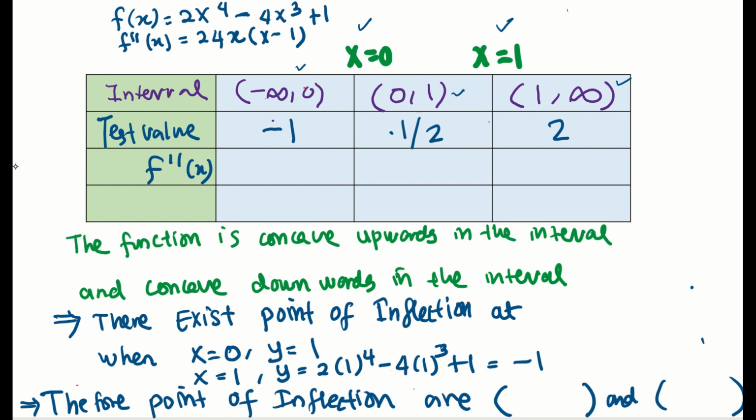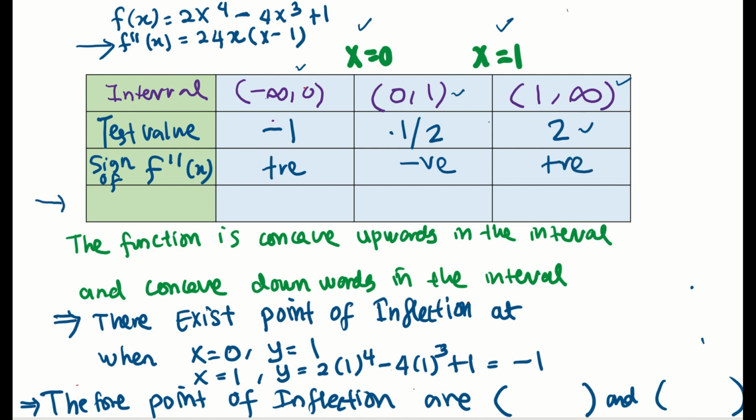We want to find out the sign of f double prime. Substituting negative 1 into f double prime, 24 times negative 1 times negative, the answer is positive. Substituting 1 over 2, you will get negative, and substituting 2, you will get positive.